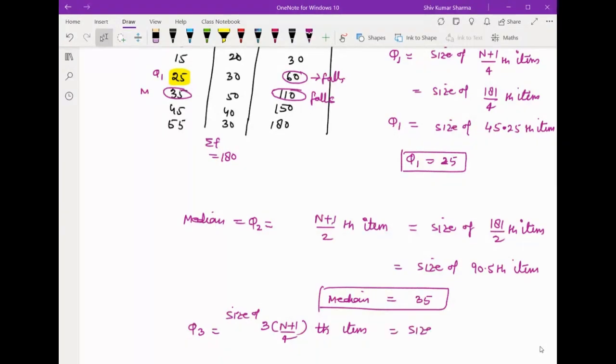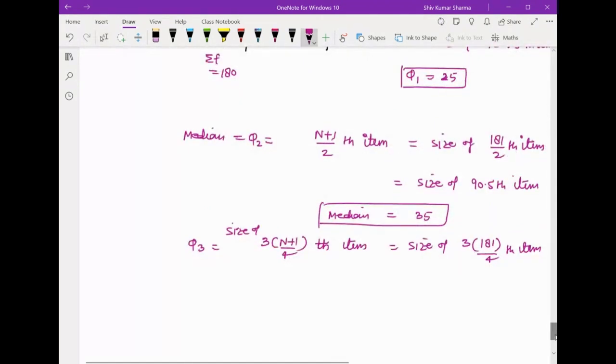Here n is 180, so 181 upon 4, which we calculated above as 45.25.